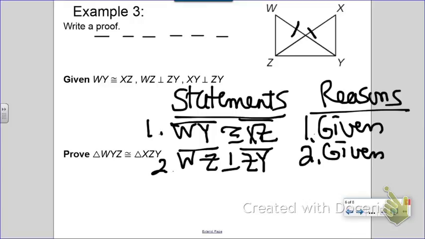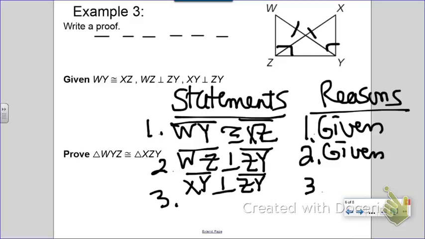If WZ is perpendicular to ZY, we can also put the other perpendicular, because what that does is make the right angles. So I'll put the other one on here with it. So I have a right angle here, and then the other one, XY is perpendicular to ZY, makes a right angle here.